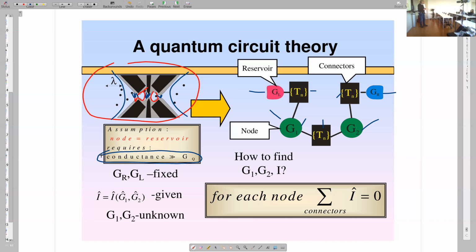And that gives us a set of equations for unknown matrix voltages. All right, so this is the lecture.